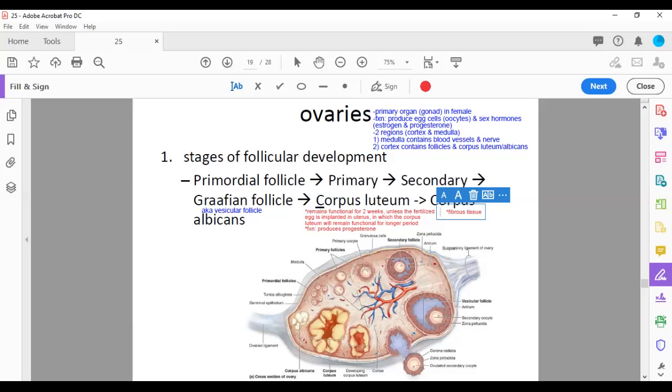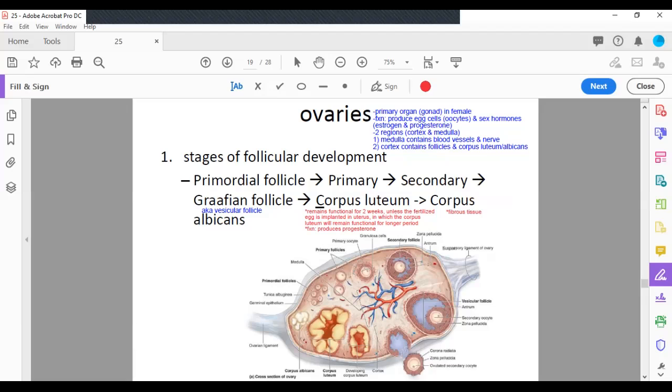Only one of the primary follicles will become secondary, and the secondary follicle will enlarge in size to become the graafian follicle. The graafian follicle will rupture and the egg is released into the fallopian tube, and then the remainder of the graafian follicle becomes the corpus luteum, which persists for 2 weeks unless pregnancy happens.